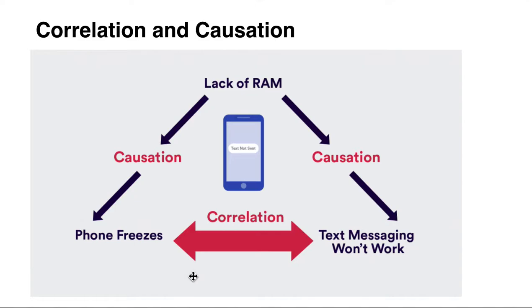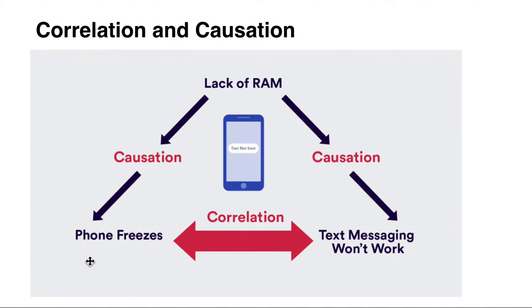Another example on the screen here: you may sometimes confuse, hey, my phone is freezing and that's causing me to not be able to send text messages, but that's not the cause. The cause is something else, which is a lack of RAM or lack of processing ability, which is causing your phone to freeze, and it's also causing you to not be able to text. So that's the causing link, and that's the correlation link.